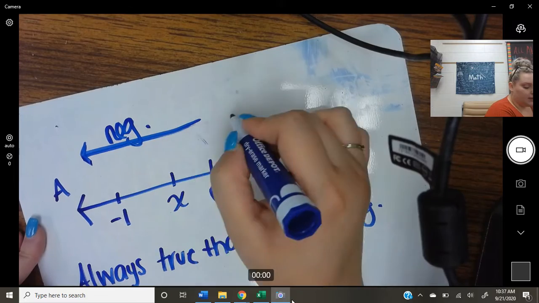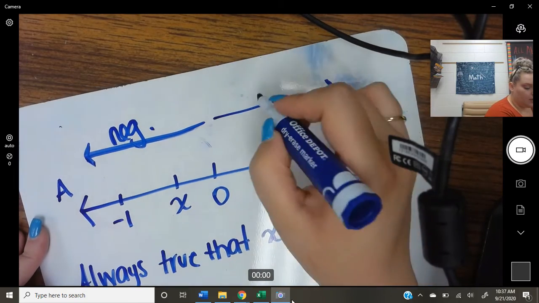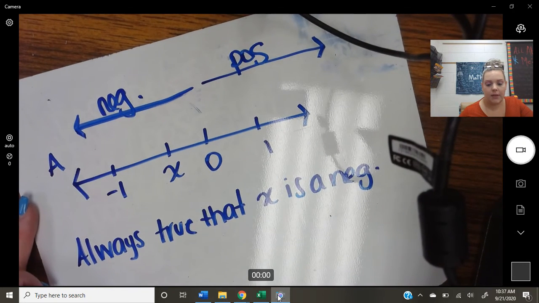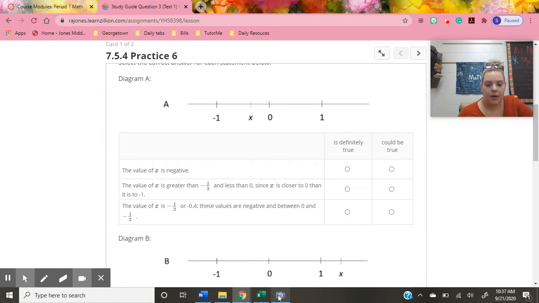Then anything to the right of 0 would be a positive. Okay. Next question it asked, the value of x is greater than -1/2 and less than 0.